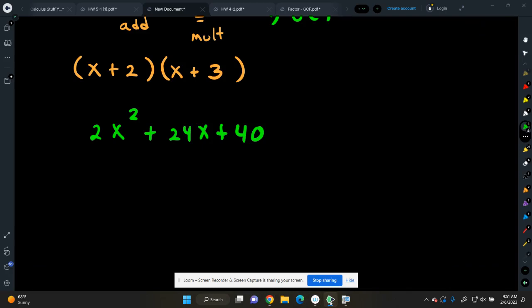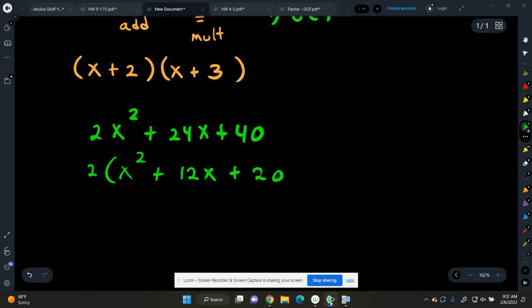Is there a greatest common factor? 2. So let's take the 2 out. Leaves me with x squared plus 12x plus 20. Now that we've taken the 2 out, we're going to factor this part right here.